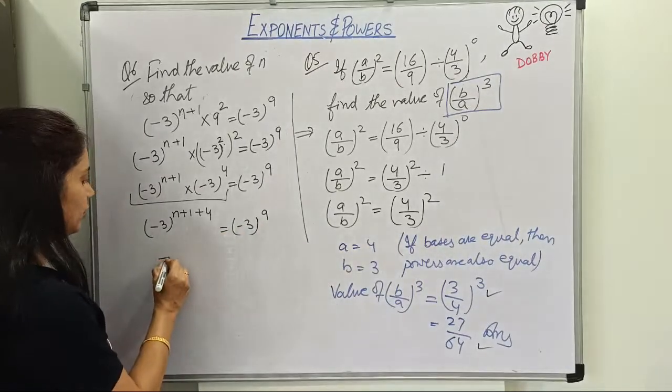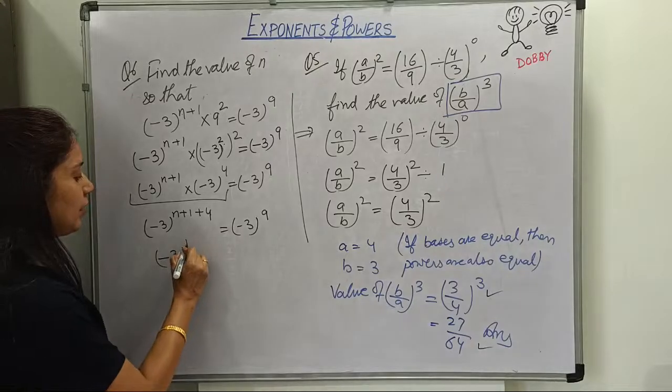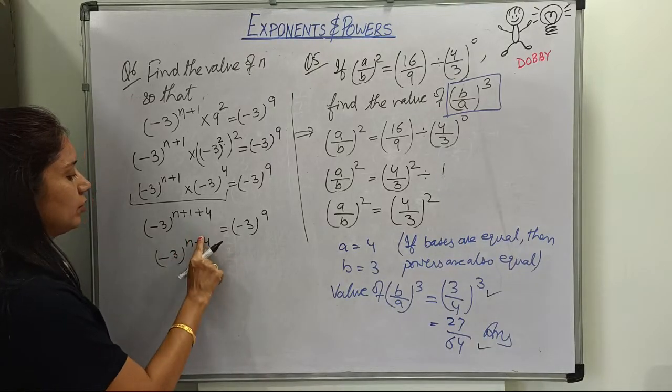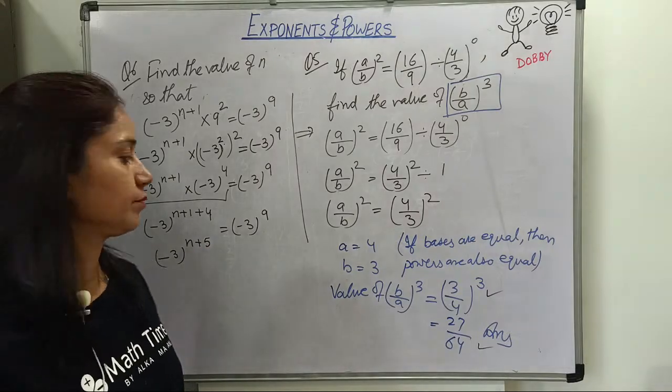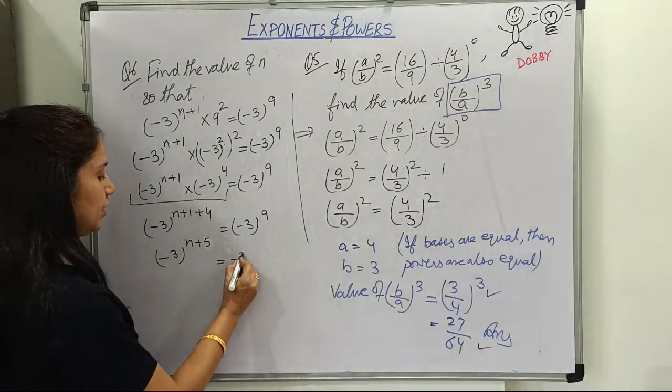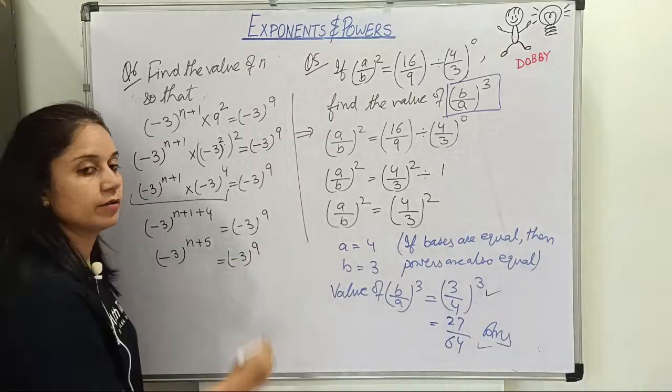Let us solve it further: minus 3 raised to the power n plus 5, since 4 plus 1 is 5, equals minus 3 raised to the power 9.